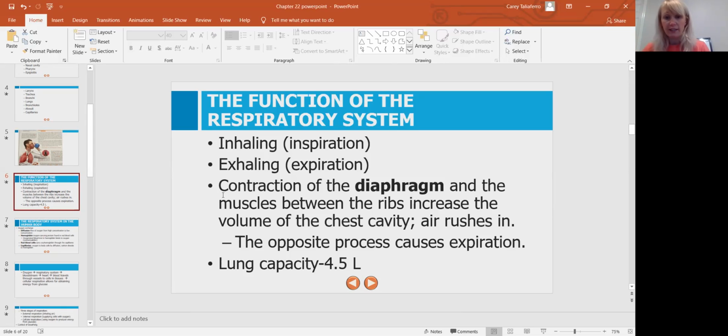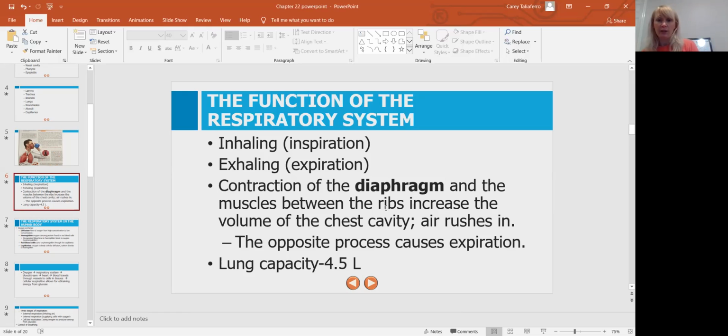So when you breathe in, that's inspiration, a muscle under the lungs called the diaphragm contracts and becomes flatter. But at the same time, there are muscles between the ribs that contract to increase the volume of the chest cavity, and it allows your lungs to expand so you can take that air in.